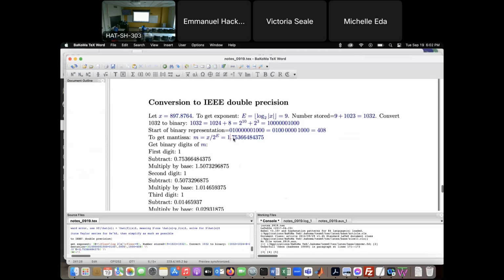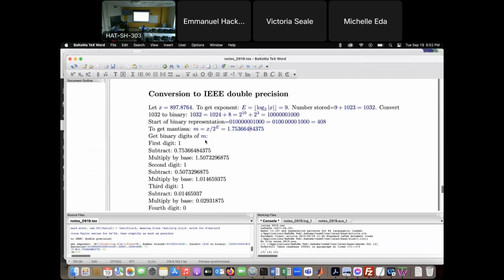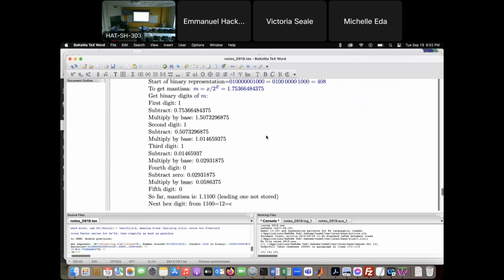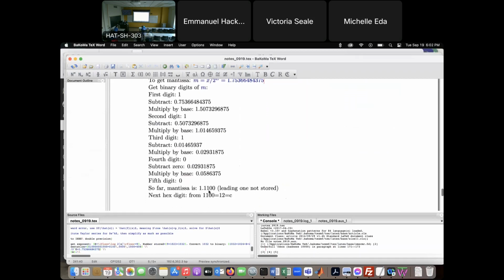What I have to do is keep multiplying what's left by 2 repeatedly to figure out the rest of the digits. This process, which I showed you last time, is what enables me to get the digits in the binary expansion of this number. And this is what I get at first. I carry this out enough to get the next hex digit.